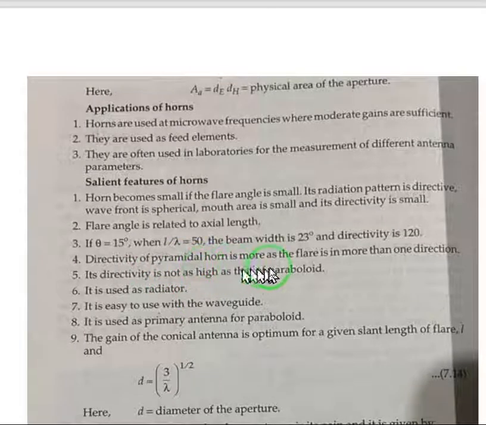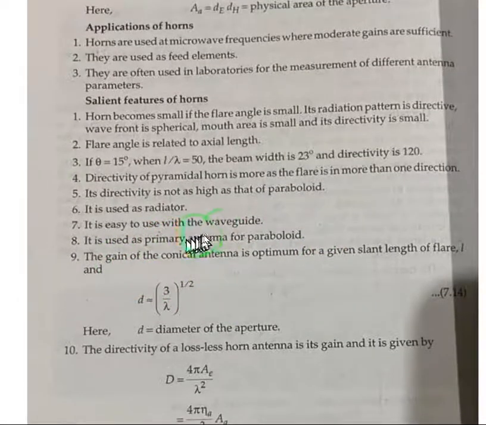Directivity of the pyramidal horn is more as compared to other horn antennas. It is used as a radiator. It can be used with waveguides.